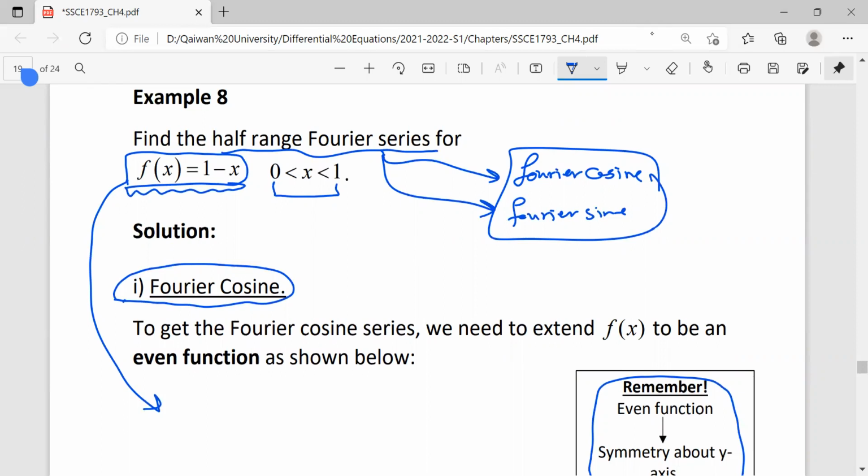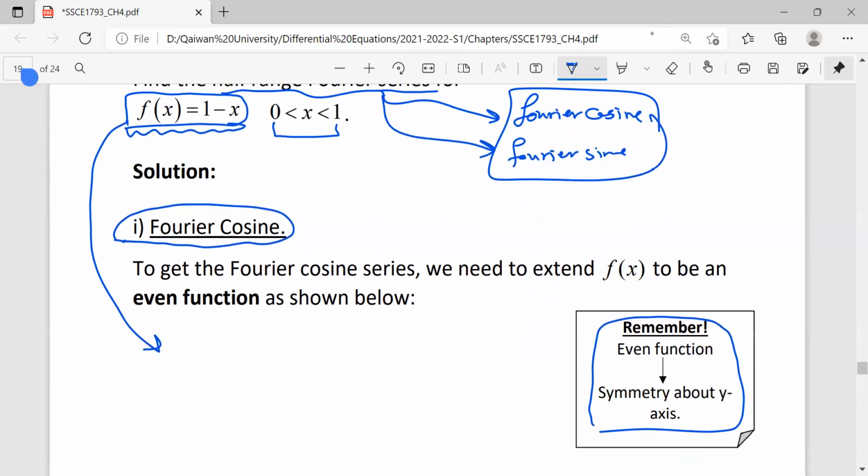Then from that symmetrical part, we can find the other part of the function. The graph of this function is 1 minus x. If x is 0, it's 1. If x is 1, it's 0. This is the graph of the given function.